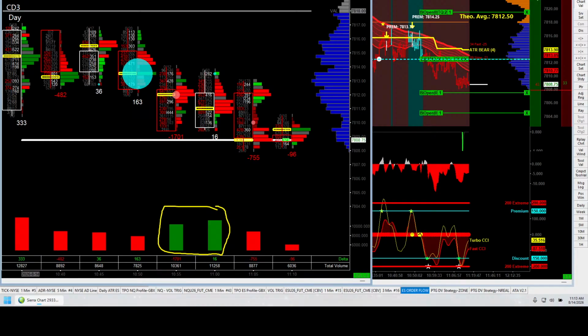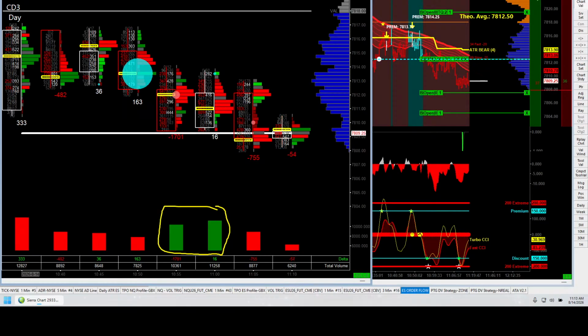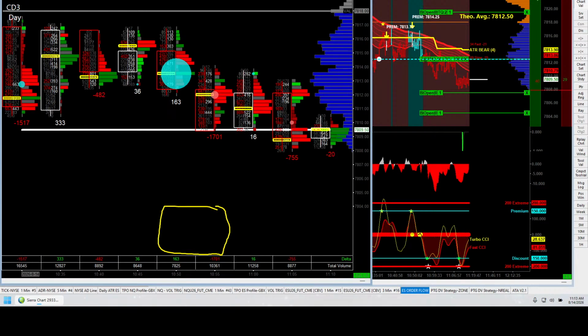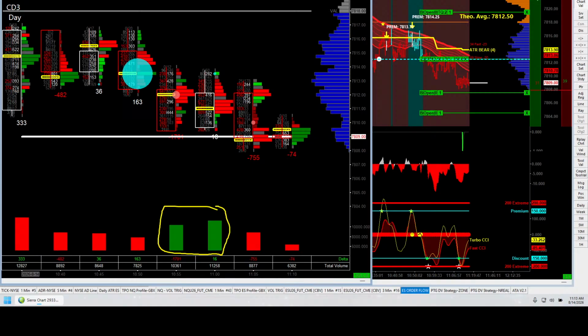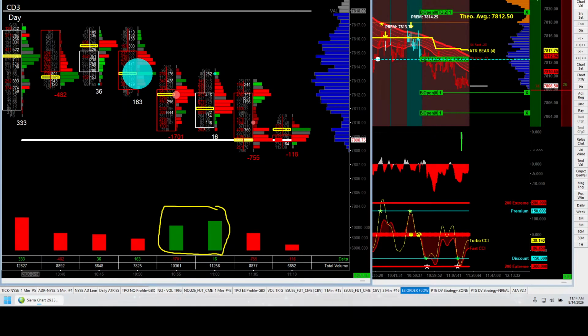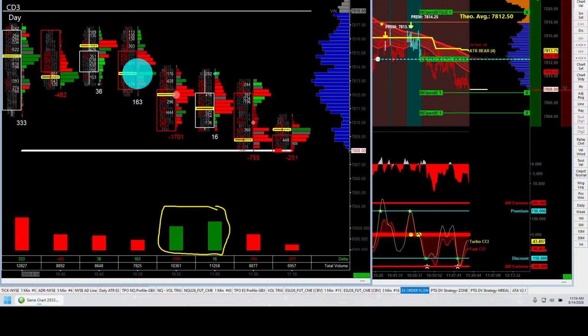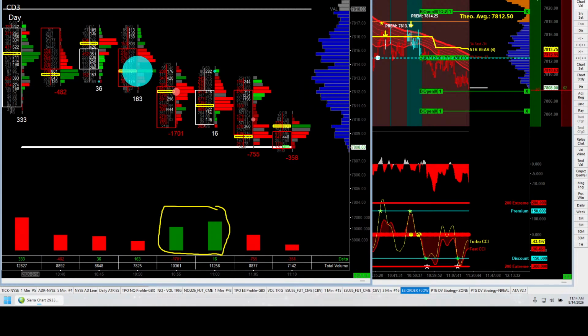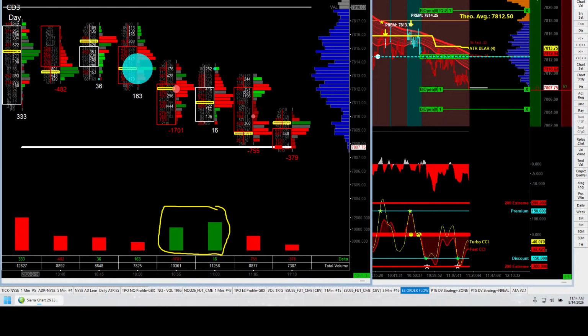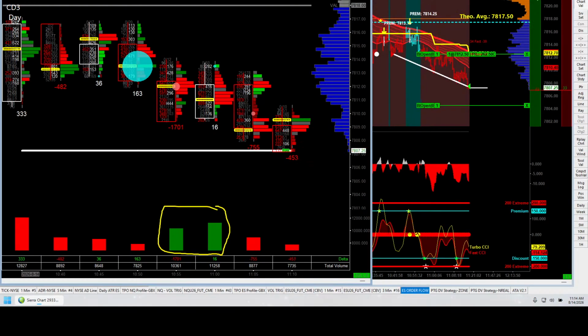I'm not sure how Sierra Chart calculates those.